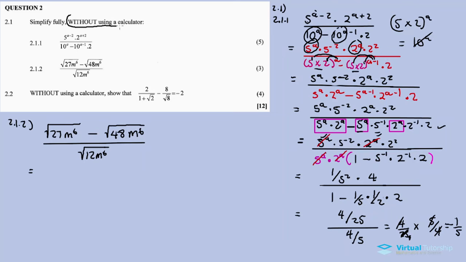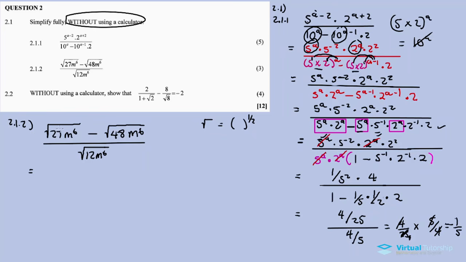We are not supposed to use a calculator. What you must do here, especially with the numbers: the square root of m to the 6, you can get it because you divide this 6 by 2. A square root is the same as exponent of half. That's why I say you divide this 6 by 2.